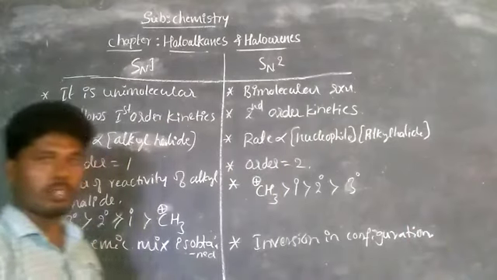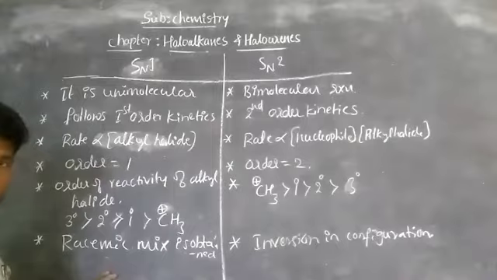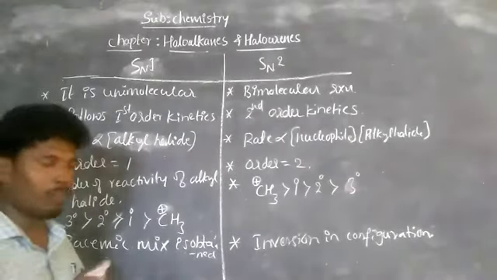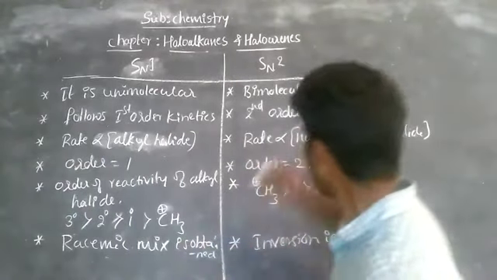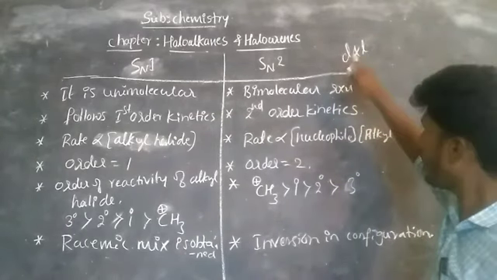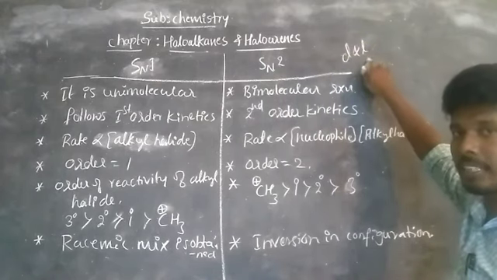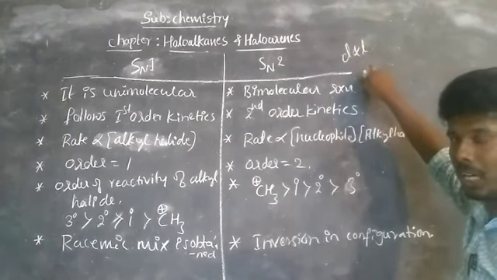So observe what is meant by racemic mixture. A racemic mixture is nothing but an equal mixture of D and L configuration. D is dextro-rotatory, meaning clockwise direction. L is levo-rotatory, meaning anti-clockwise direction.